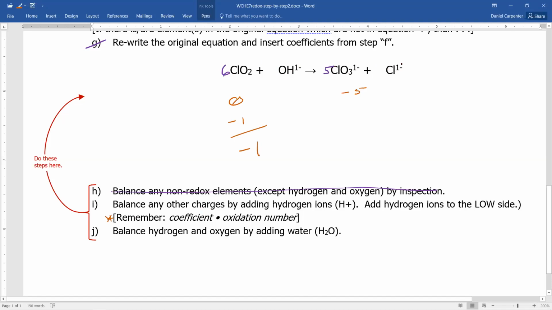Understood 1 times -1 is -1. So the right side adds up to -6. So I'm going to have to add 5 hydrogens to this side to make these two equal each other. So plus 5H plus.